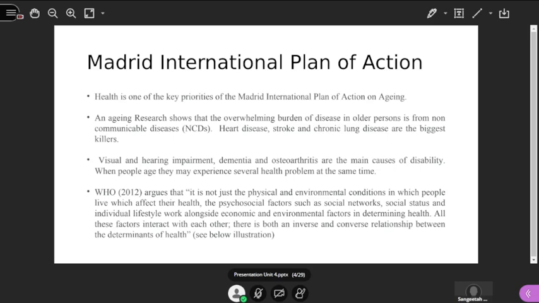All these factors interact with each other, so one is linked to the other. There is both an inverse and converse relationship between the determinants of health. So health is not only about physical and environmental conditions. The main factor is social network, social status, and how involved and active you are, whether you have active aging in your day-to-day life. All this has an impact on your health.